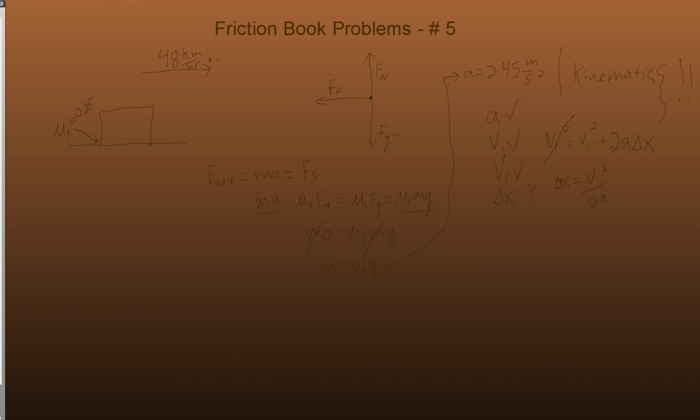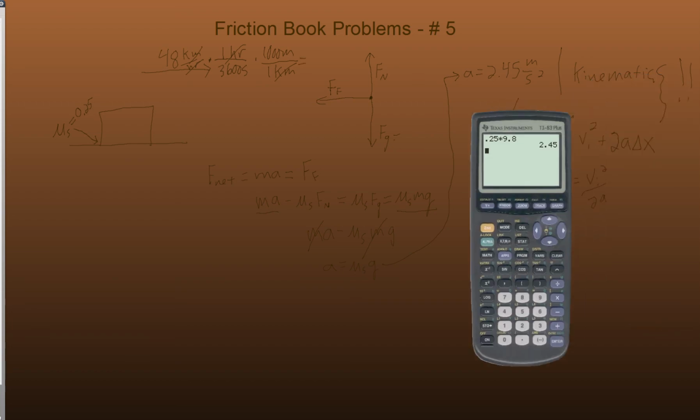I know you're thinking it. So let's convert before you get too angry and bash a computer screen. 1 hour every 3,600 seconds. Cancels out the hours. 1,000 meters for every 1 kilometer. Cancels out the kilometers. What does that equal?